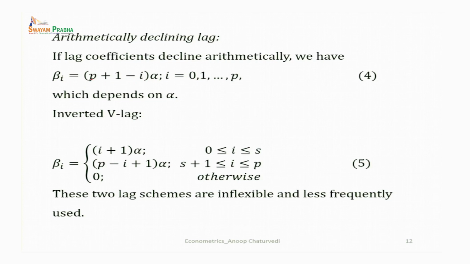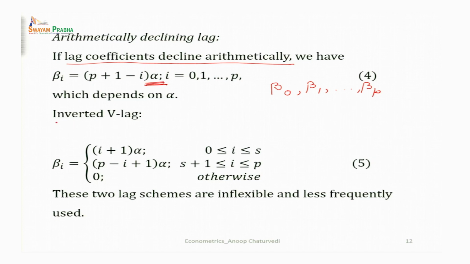For i equal to 3, beta 3 is equal to p minus 2 into alpha. So, the lag coefficients are declining arithmetically, and these lag coefficients depend upon alpha. So, although the original model has the coefficients beta naught, beta 1, so on beta p, if you define beta i in this manner, then ultimately you have just one coefficient alpha.